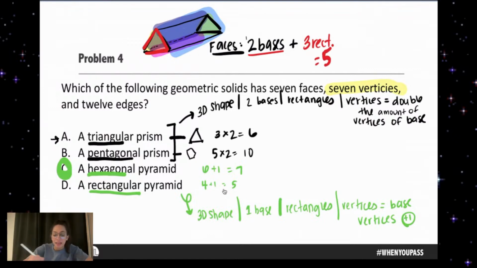A pentagon, and then the vertices is just double, because here you have your vertices here. 1, 2, 3. 1, 2, 3. So let's look at a pentagonal prism. Oh, this is going to be hard to draw. 1, 2, 3, 4, 5. 1, 2, 3, 4, 5. And we connect them up.